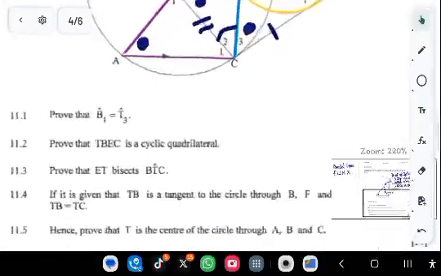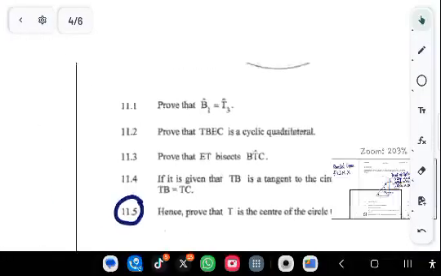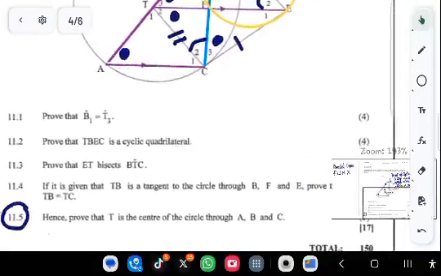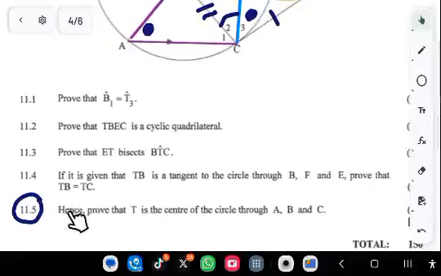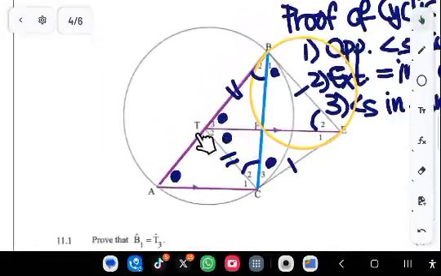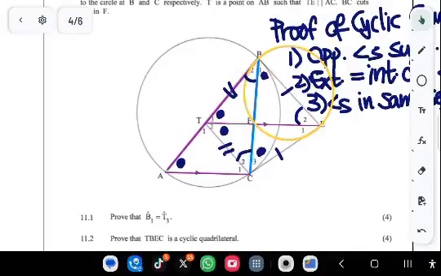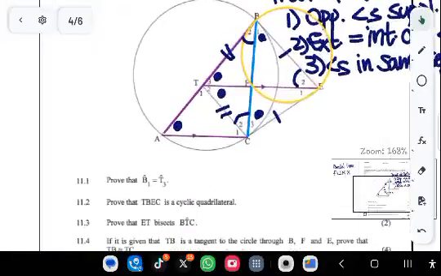Now the main question related to the theorem we just proved is this last question: hence prove that T is the center of the circle through A, B, and C. To prove that any point is the center of a circle, you need to prove it is equidistant to all the corners of the shape inscribed in that circle.